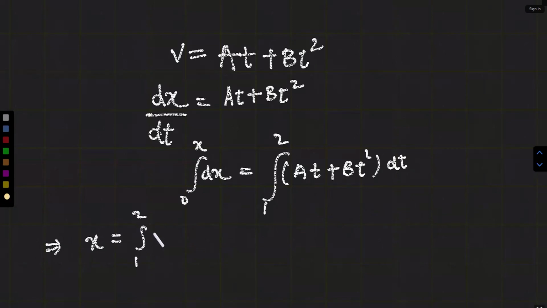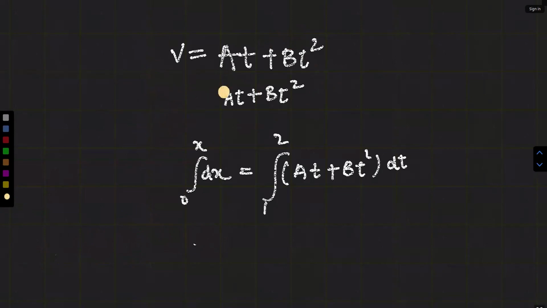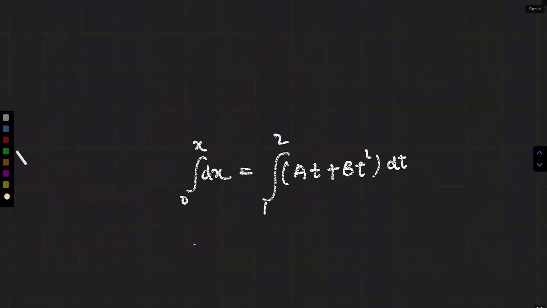So this is integration of 1 to 2 at dt plus integration of 1 to 2 bt square dt. I hope this part is clear, right? Is this clear?